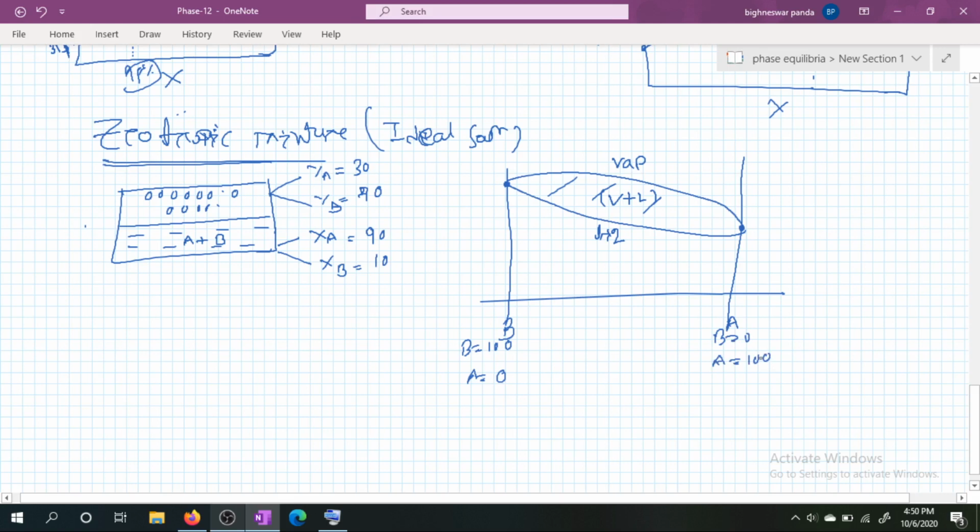here B is 0, A is 100. So let us consider this is temperature versus mole fraction.